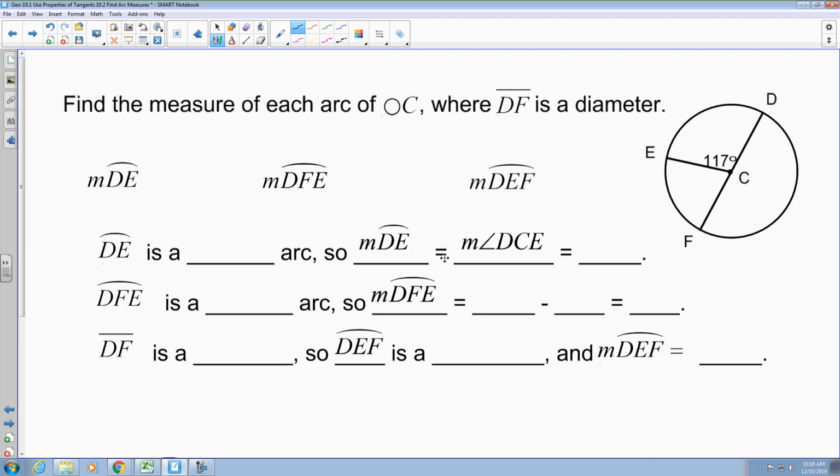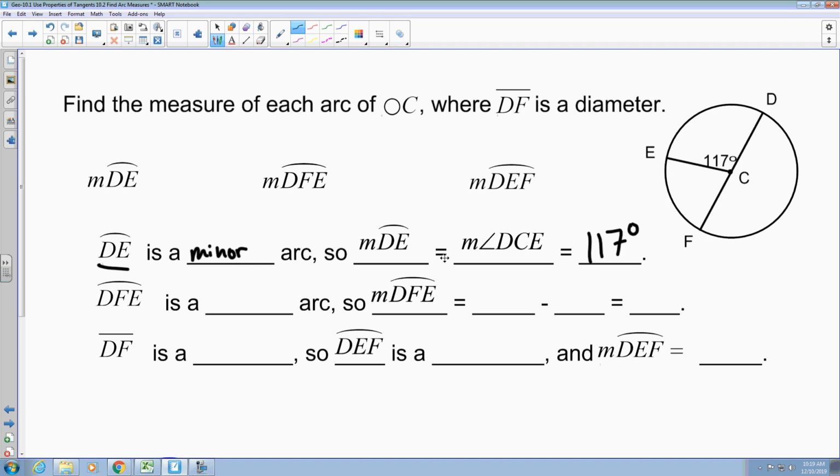Now if we look at the diagram to the right, it says find the measure of each arc of circle C where DF is a diameter. So DF is a diameter, which should help us. Looking at DE, it is a minor arc. The measure of DE comes from the central angle, DCE, which was 117 degrees.